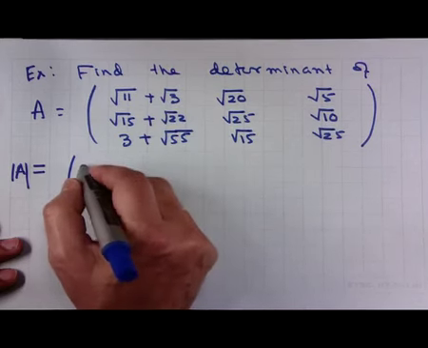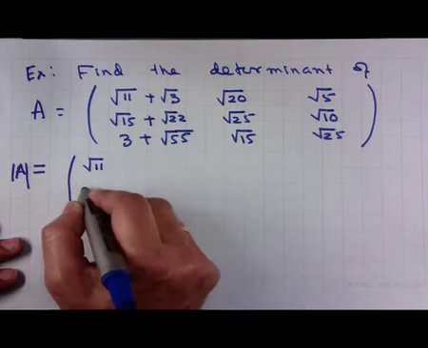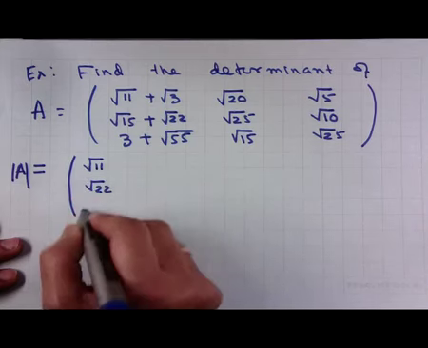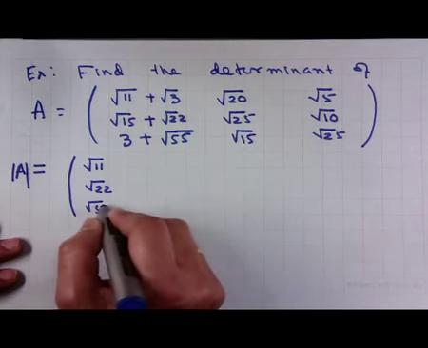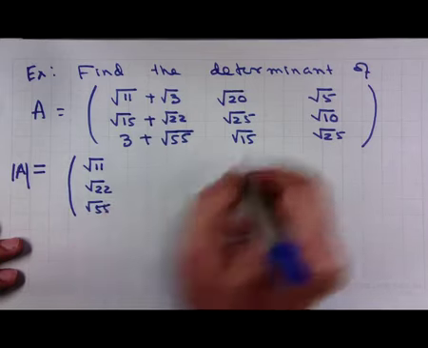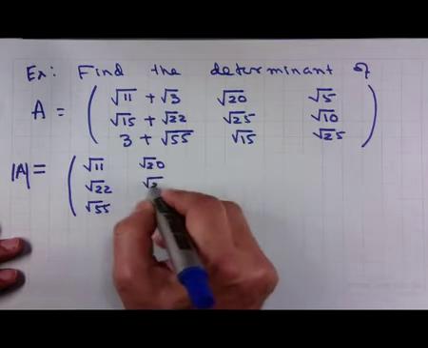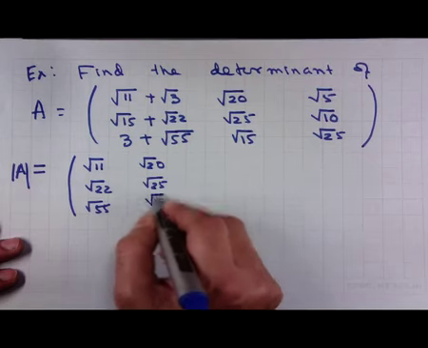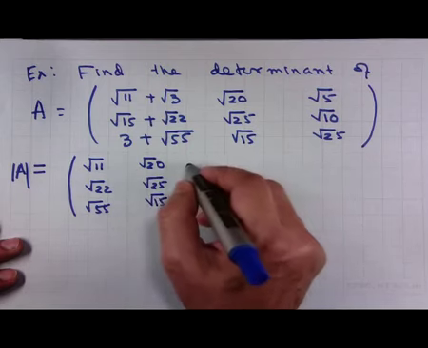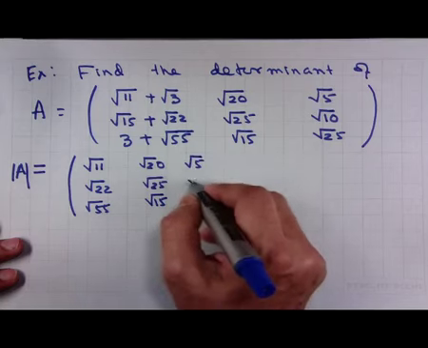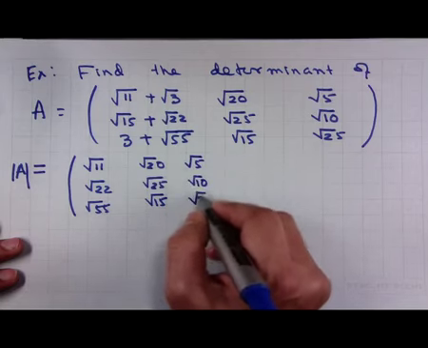So, let me write determinant of A is equal to: first matrix is root 11, root 22, root 55, remaining things are same, root 20, root 25, root 15, root 5, root 10, root 25.